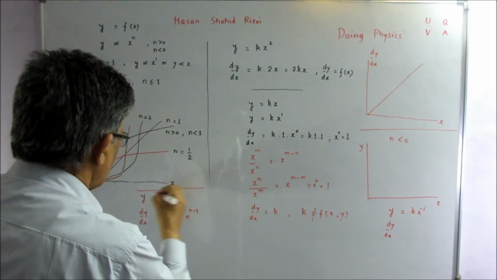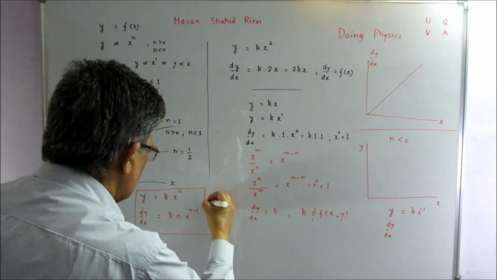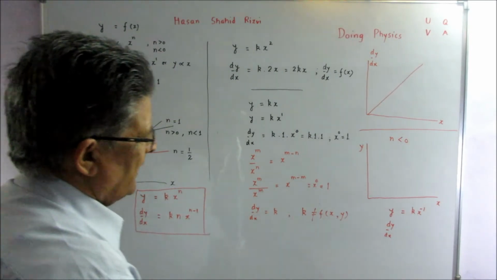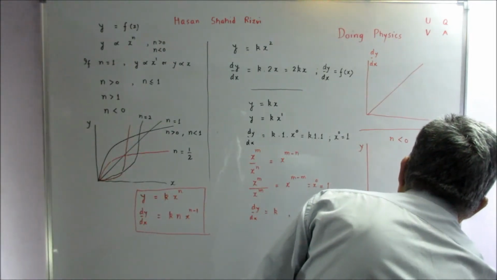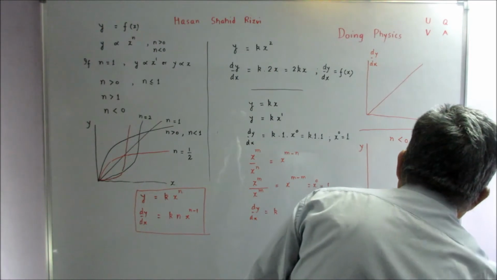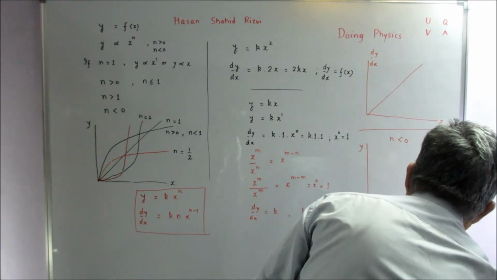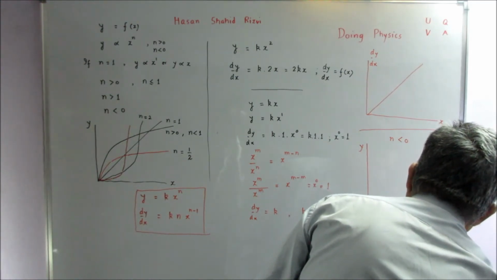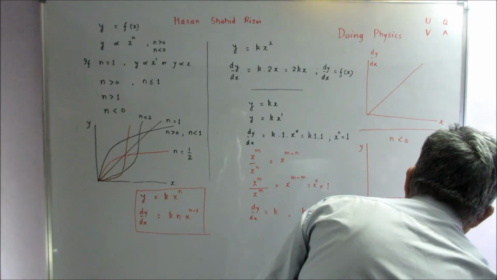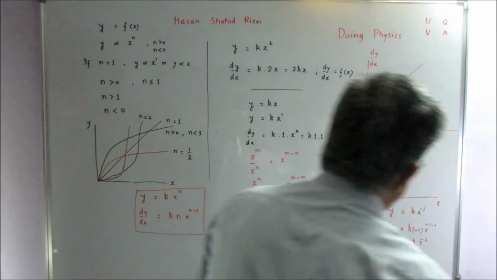If y is a function of x and y can be defined as this, then dy/dx is equal to, by the same formula, k into minus 1 into x to the power of minus 1, which is equal to, I can write, minus k x to the power of minus 2.